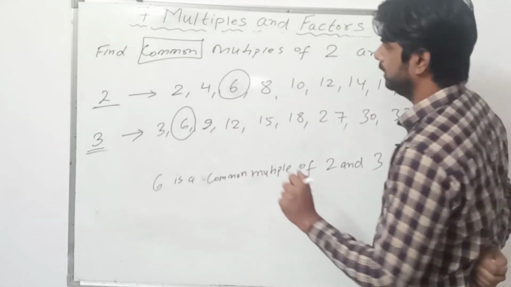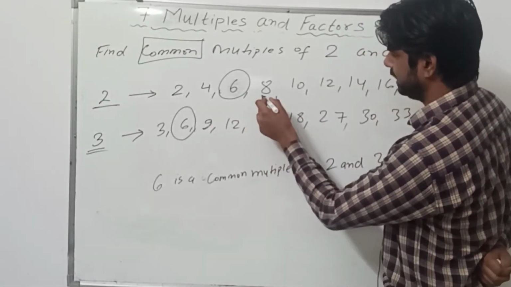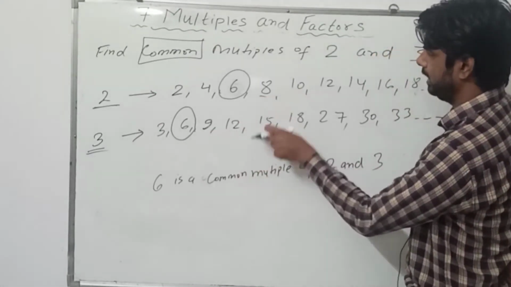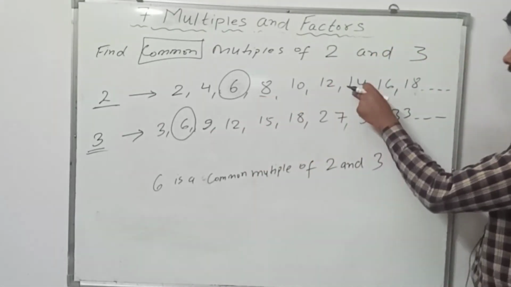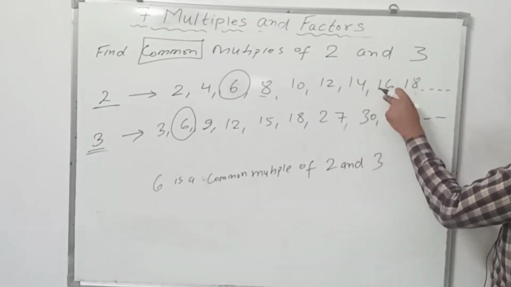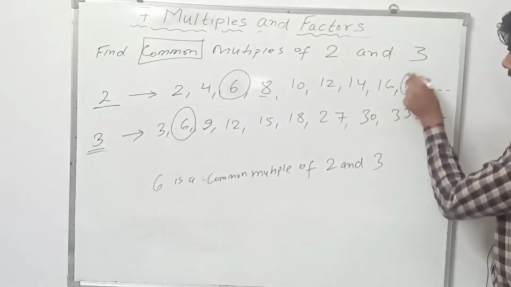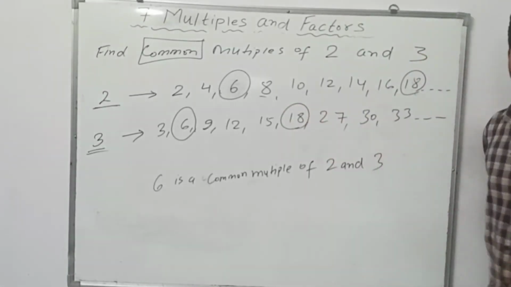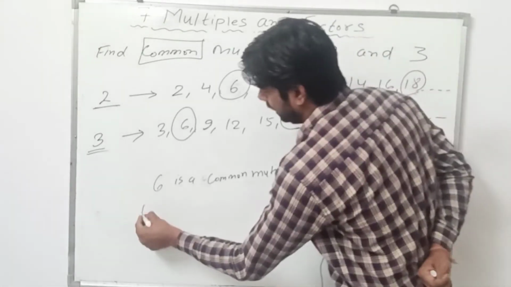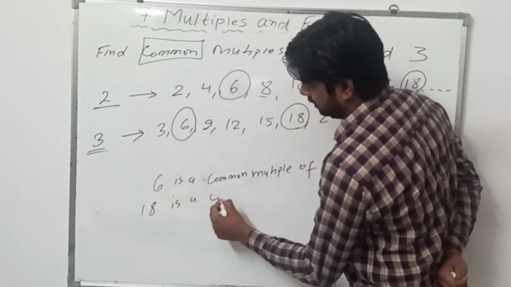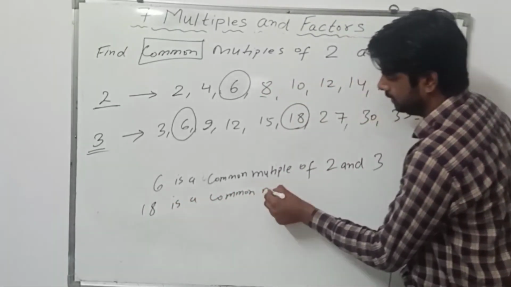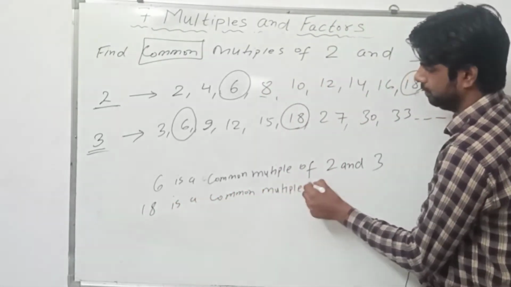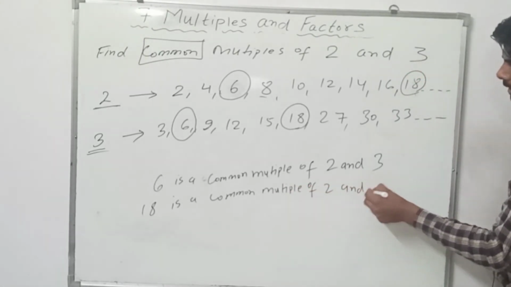Now let's find other common multiples. 8 is not here, 10 is not here, 12 is not here, 14 is not here, 16 is also not here, 18. Okay, 18 is there and 18 is also in the table of 3. So 18 is a common multiple of 2 and 3.